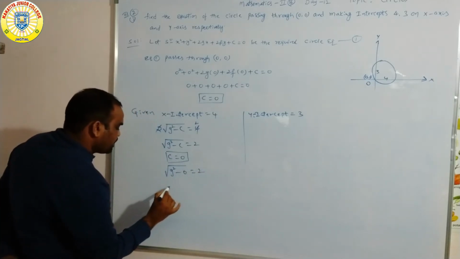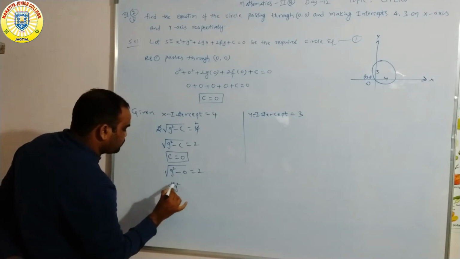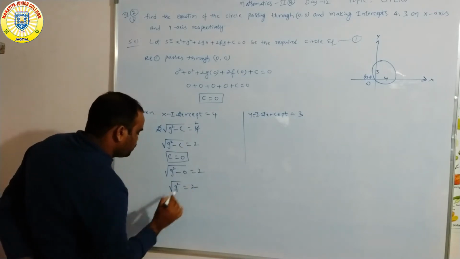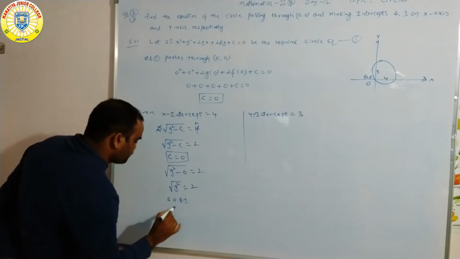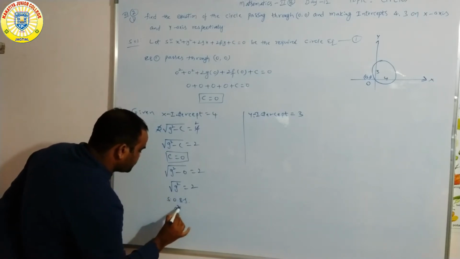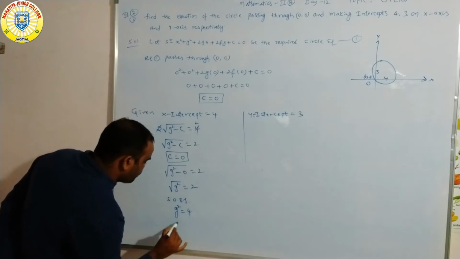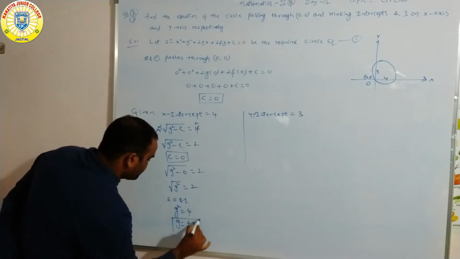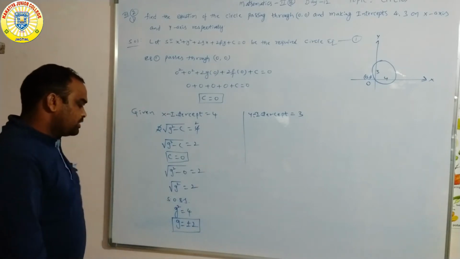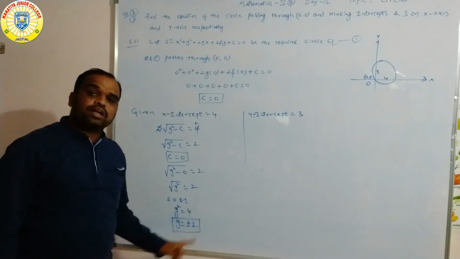Under root of g square is equal to 2. Squaring on both sides, g square is equal to 4. Here g is equal to plus or minus 2.